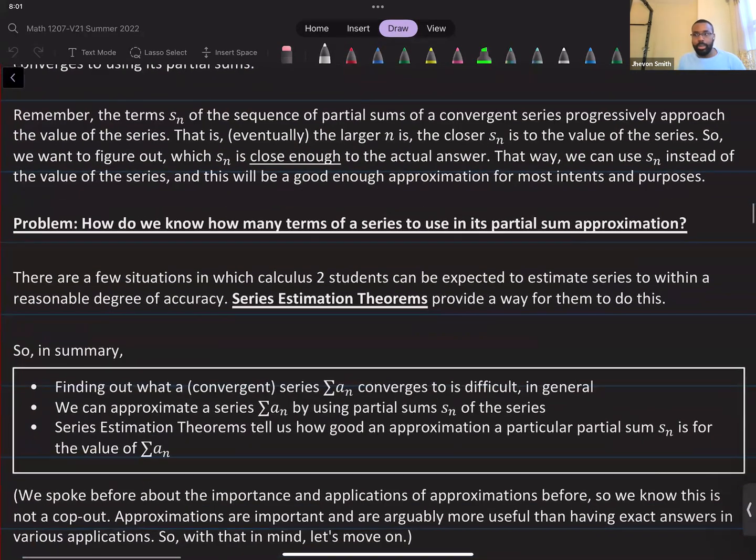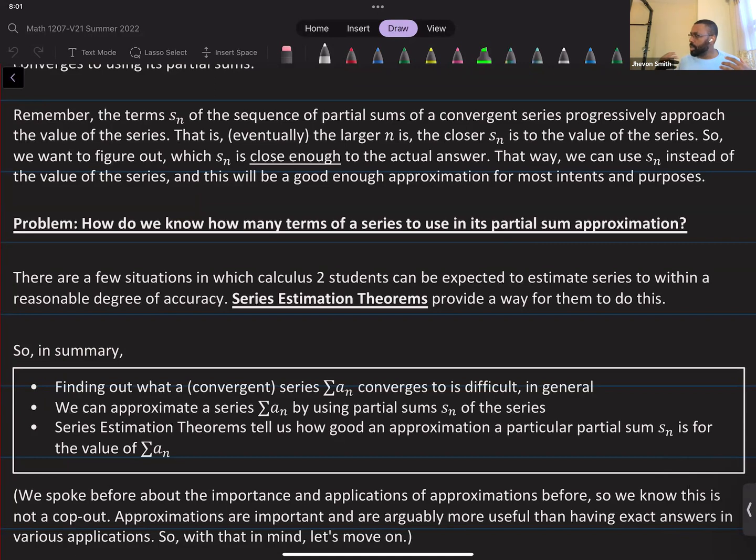Essentially, the summary is going to be this. Finding out what a convergent series converges to is difficult in general, but we can approximate it using the partial sums: add up a finite number of terms, and see how well we're doing. Series estimation theorems are theorems that talk about estimating with partial sums. They can tell us how good a certain approximation is, which is what you'd want to know.